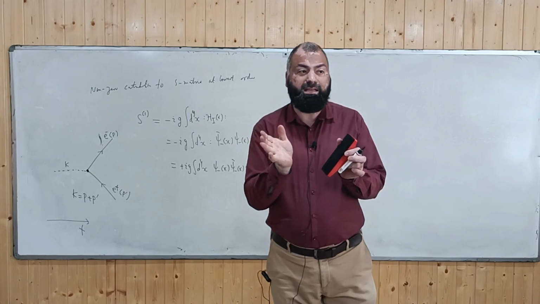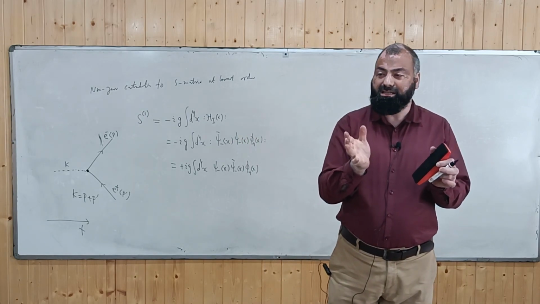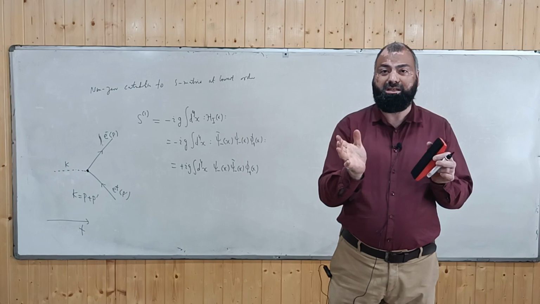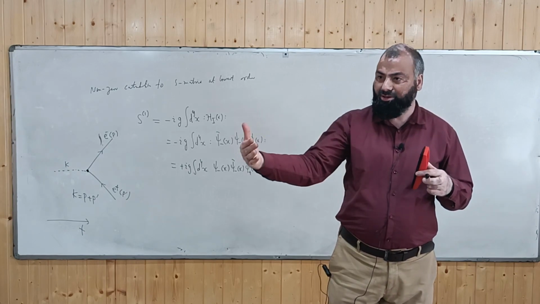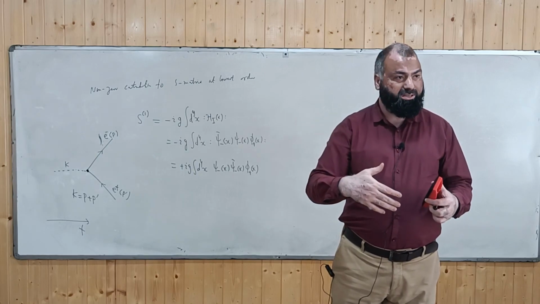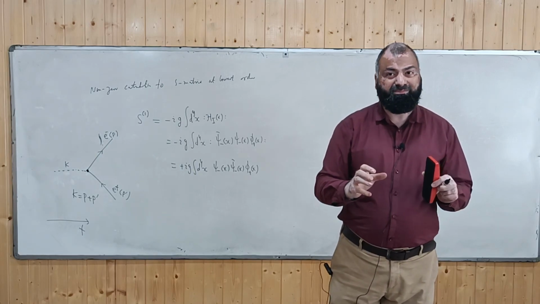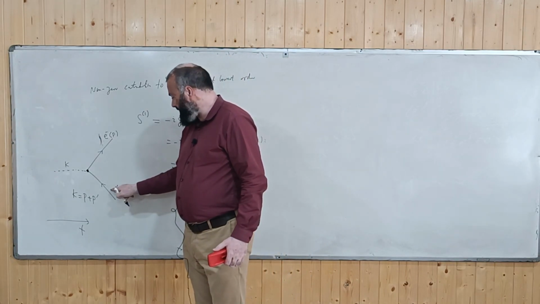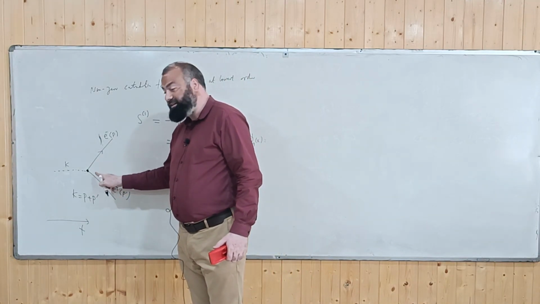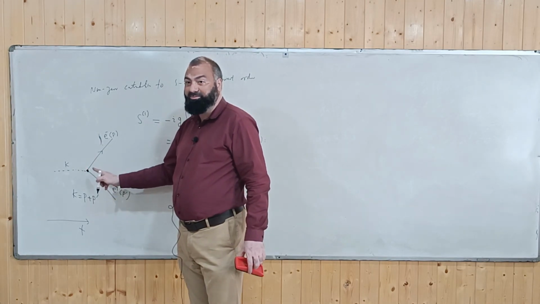But a difference is, in the final state, if you have electrons and positrons, you will show the electron arrow leaving the vertex, and for the positron, you will show an arrow moving towards the vertex. So if you look at the continuity of the arrows, at the vertex the continuity of the arrows must follow.